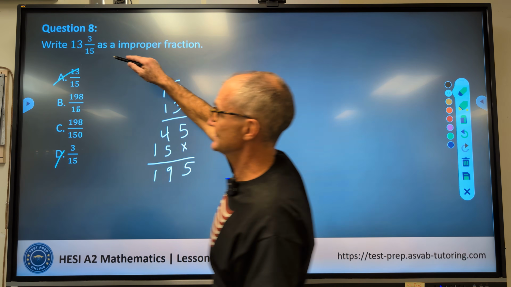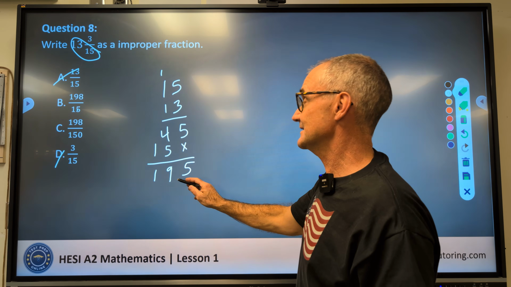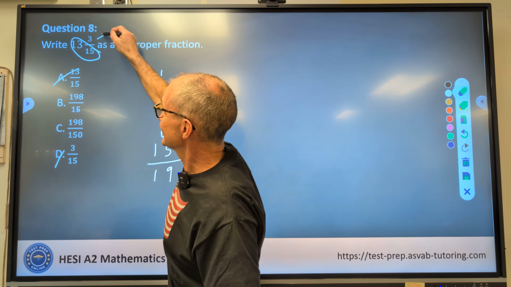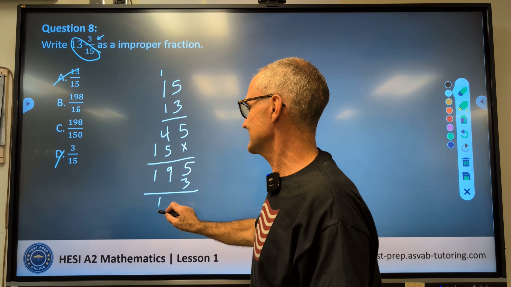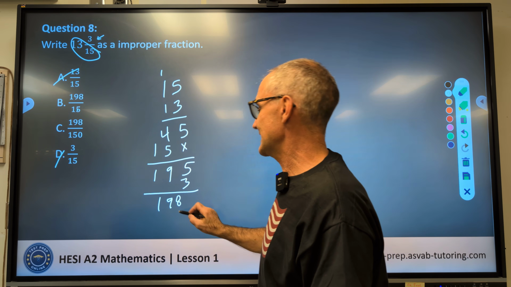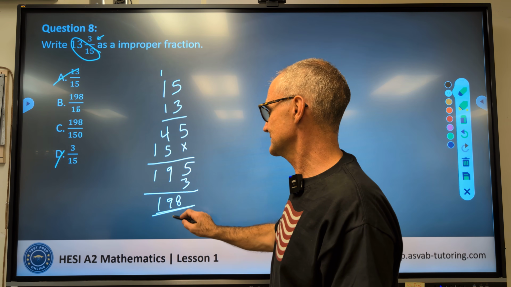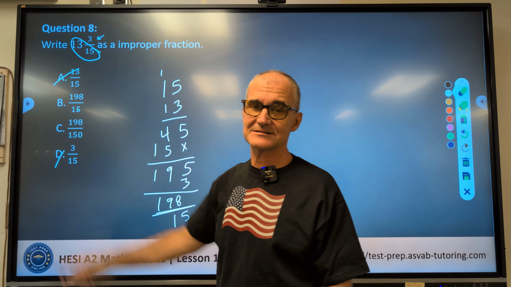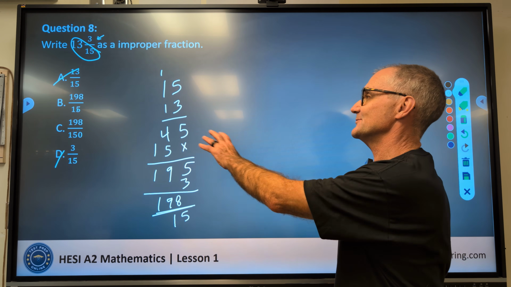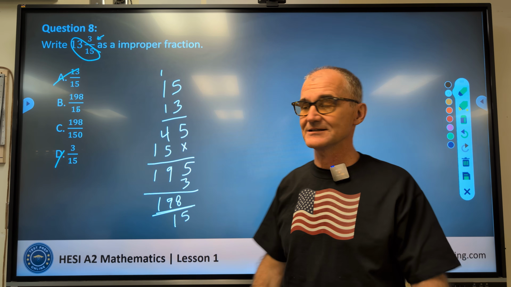So first I take the integer, multiply by 15, and then I add the 3 to it to get 198 as my numerator, over 15. And I can see the correct answer is answer B. Again, a lot more computation here than just going through and eliminating answers that don't make sense.